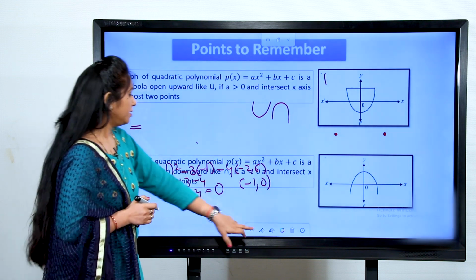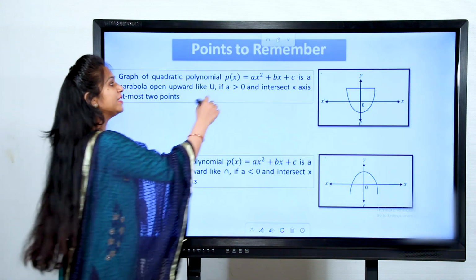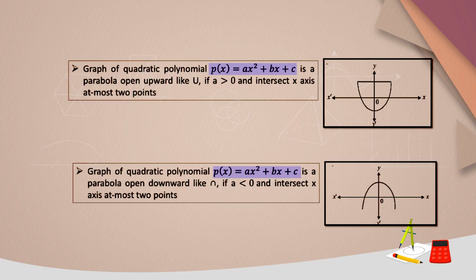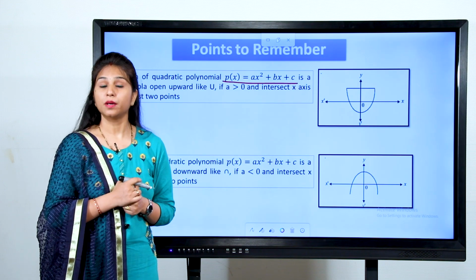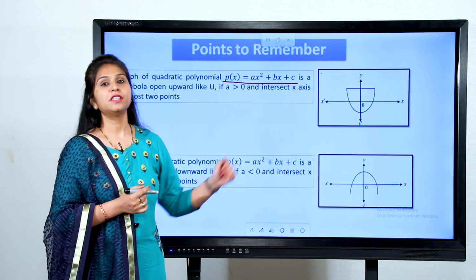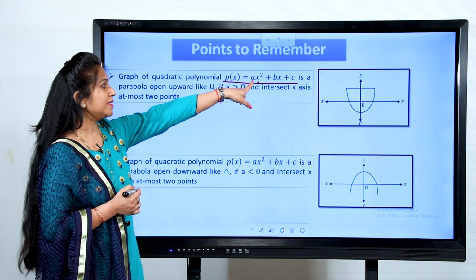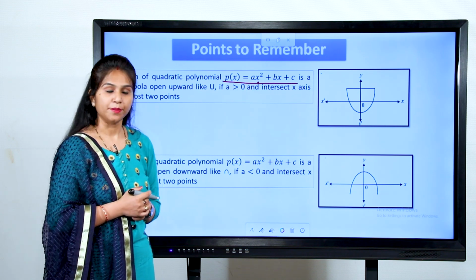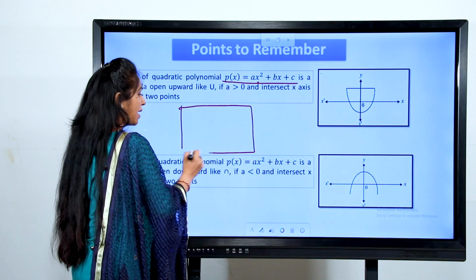Now these are the special cases, children. You know that p(x) = ax² + bx + c is the general form of a quadratic polynomial. Whether we are going to get an upward parabola or a downward parabola depends on the coefficient of x², which here is a. Children, this is a very important point which you need to remember.